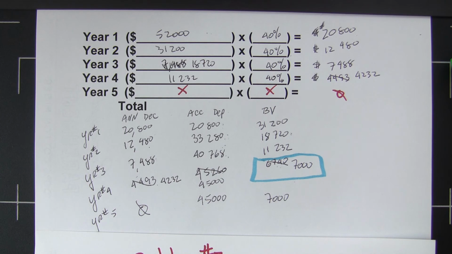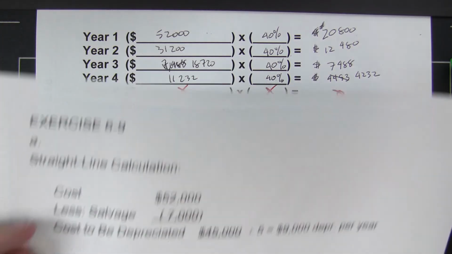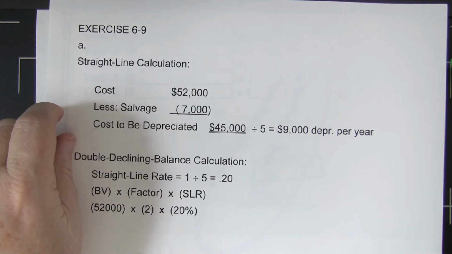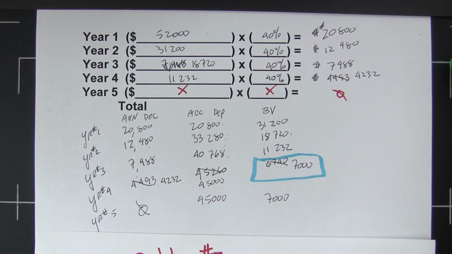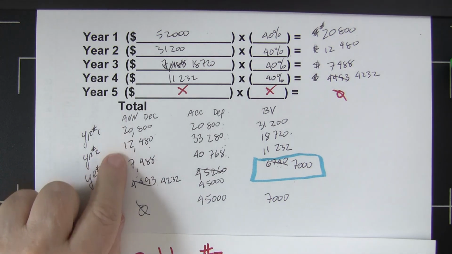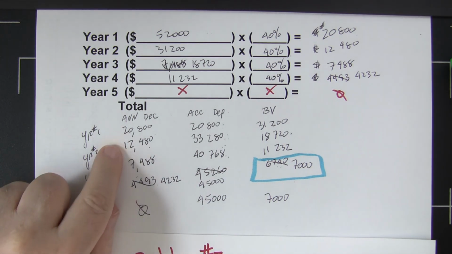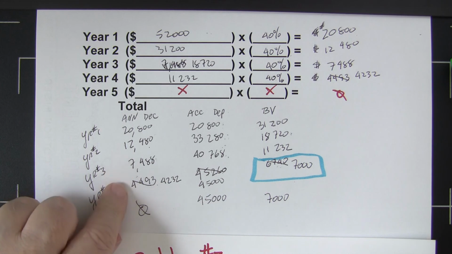Now, the next thing it asks you to do is how would you show this on a balance sheet and how would you show this on the income statement? Well, the annual depreciation, either $9,000 a year for the straight line method, or the 20,800, 12,480, 7,488, and 4,232.